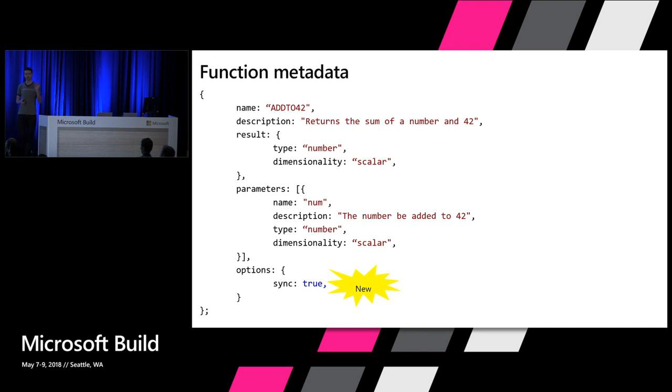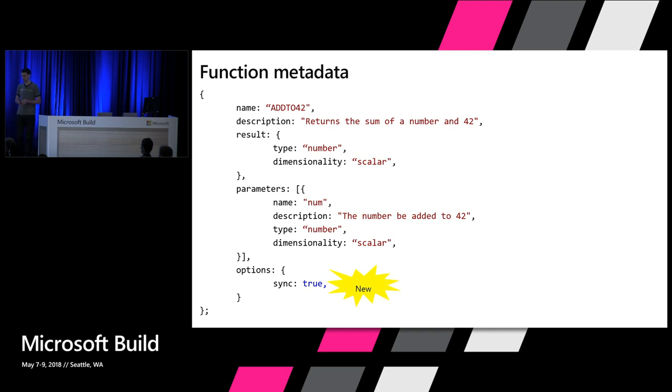You're also going to specify what type of data the function is using. So in this case, it's going to return a number, and the dimensionality of that data as well. So in this case, it's scalar. That means there's just one value that it returns. But you'll see an example that I'll show you later on where you can return a range as well.